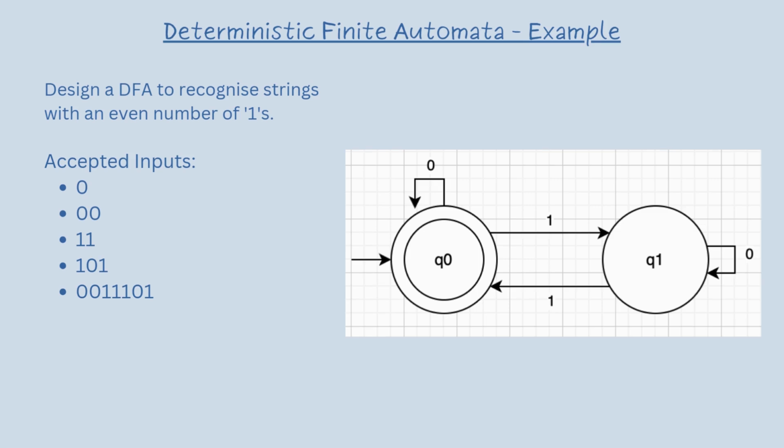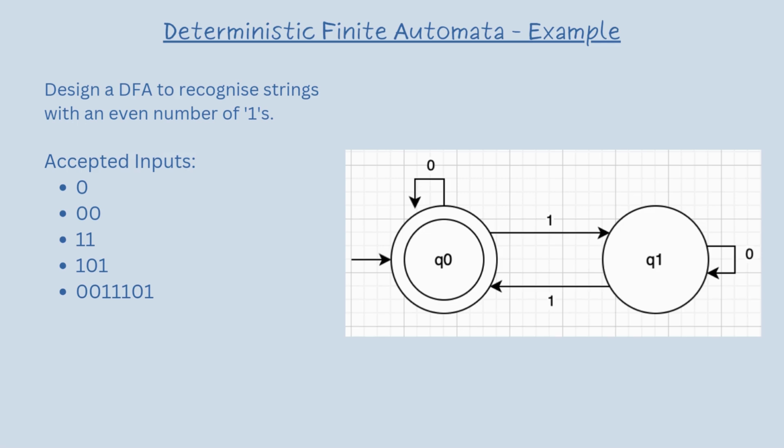So we can see that Q0, upon getting input 1, goes to Q1, which is not an accept state, because if our string would have just finished there, it shouldn't get accepted because 1 is odd. You'd have to have an even number of ones to get accepted.